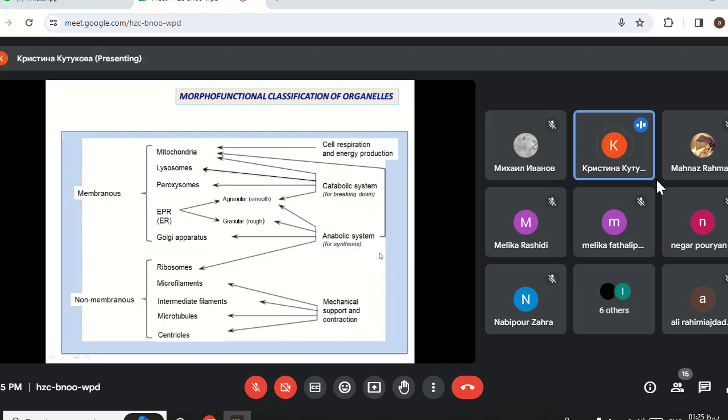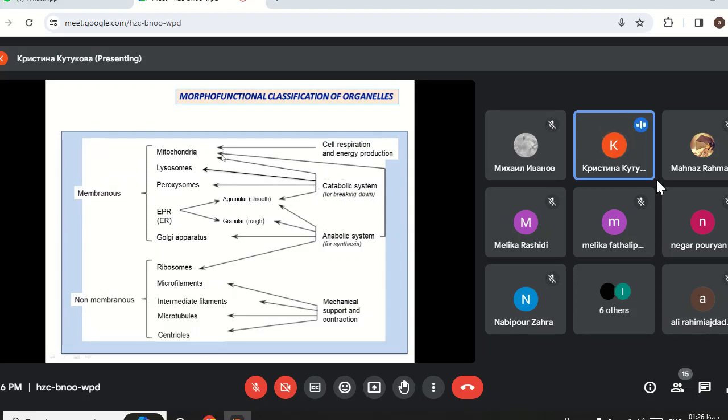Also, organelles are divided depending upon their functions. So one of the functions is mechanical support and contraction. It's for elements of cytoskeleton. Also the function of catabolism, which means breaking down of some molecules.